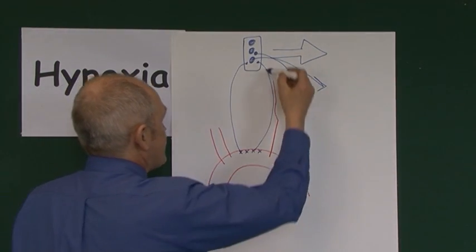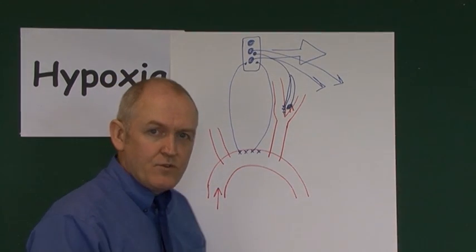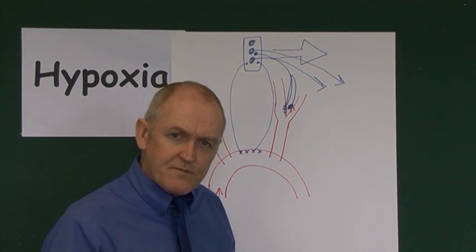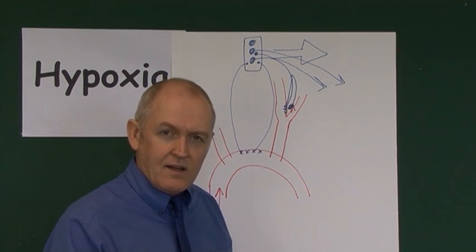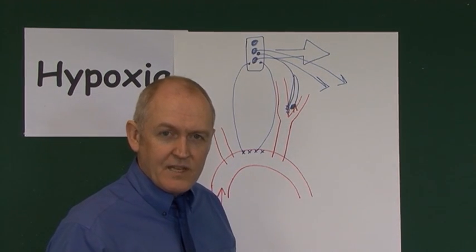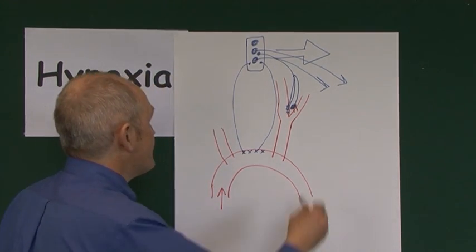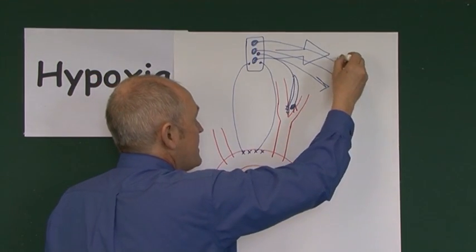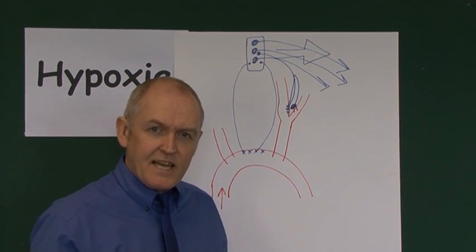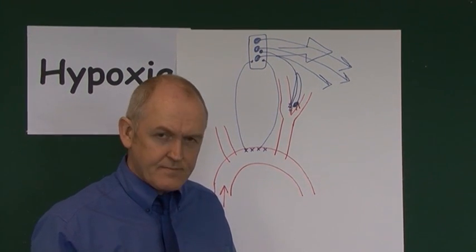The cardiovascular centre will also respond. Now what happens when you stimulate the heart in a sympathetic way? It beats faster, it beats stronger. The heart rate will increase, cardiac output will increase. There's also a sympathetic outflow from the vasomotor centre. What effect does an increased sympathetic outflow from the vasomotor centre have?